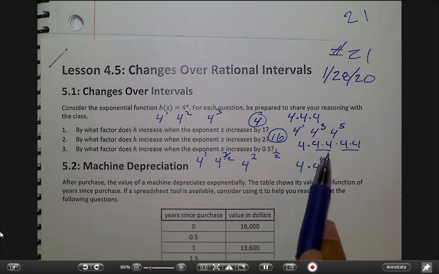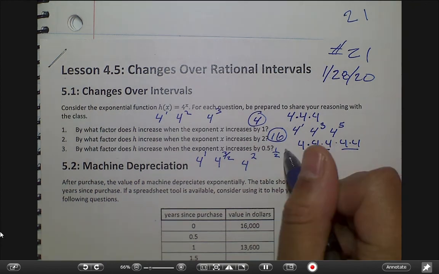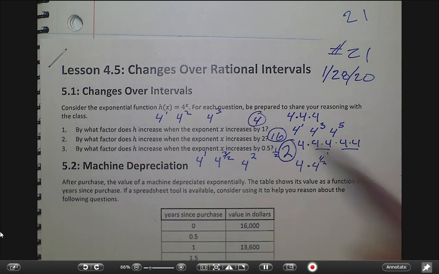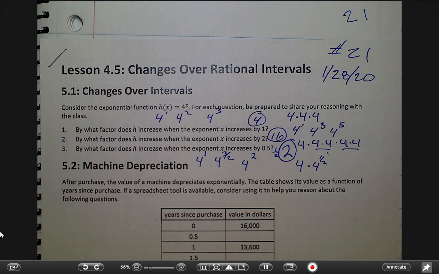So 4 to the 1/2 is the same as the square root of 4. So this is just going to give me 2. So in this case right here, my factor is 2. So don't feel defeated if it got confusing there. This is just a puzzle type thing where you have to figure out the factors and stuff. So if you know your factors.